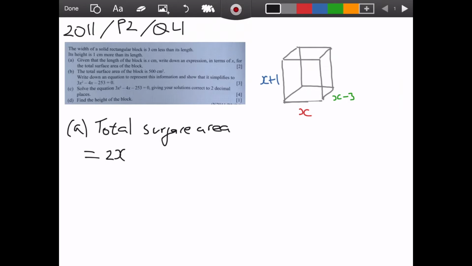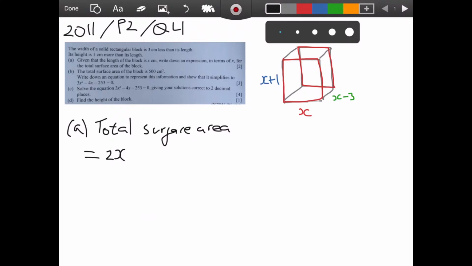Okay, let me use a few colors again just to illustrate. So you see over here, this side, right? This is the one. And you can see over here, so that side. So there are two sides where the surface area is x multiplied by x plus 1.